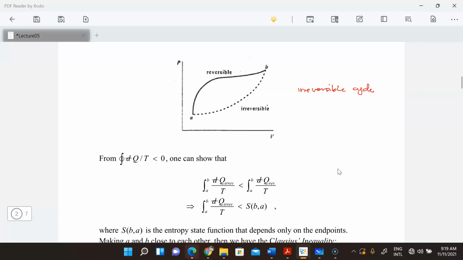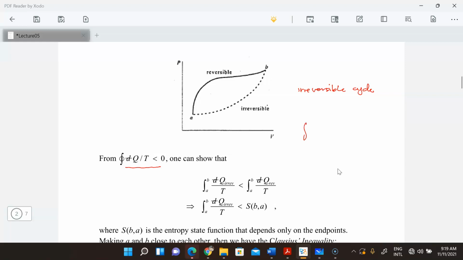So in other words, definitely the whole thing as a whole will be irreversible. So in other words, this will apply.